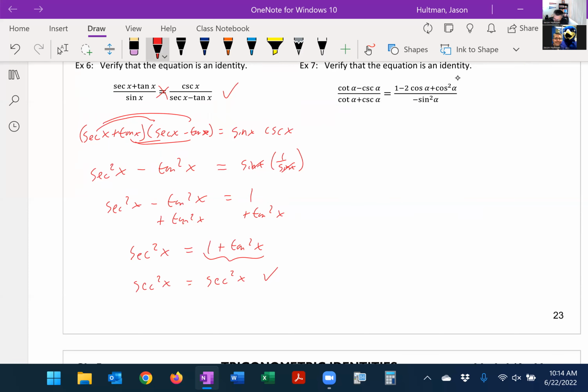Okay, on the last one here, example 7, what I'm going to do again is cross multiply and see if I can get the right side and the left side to simplify into something that's equal. So let's cross multiply again.